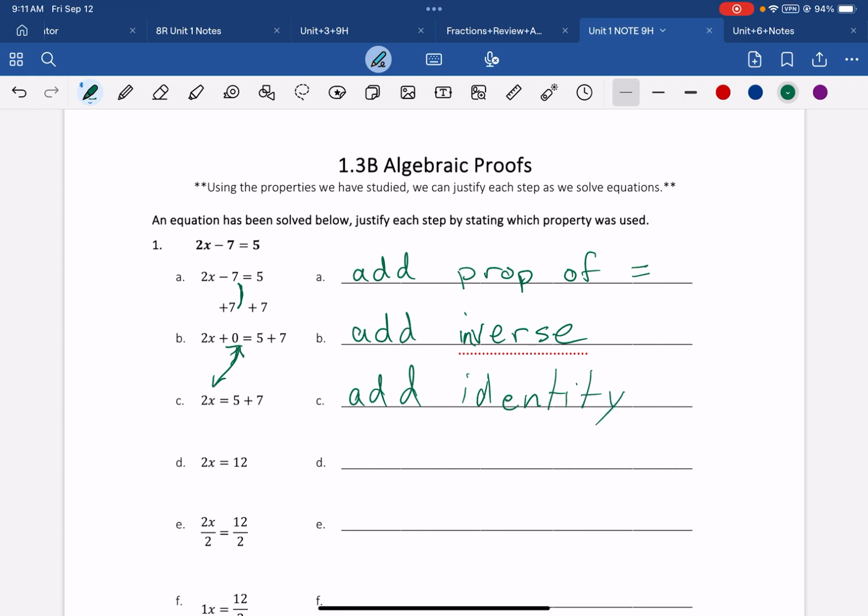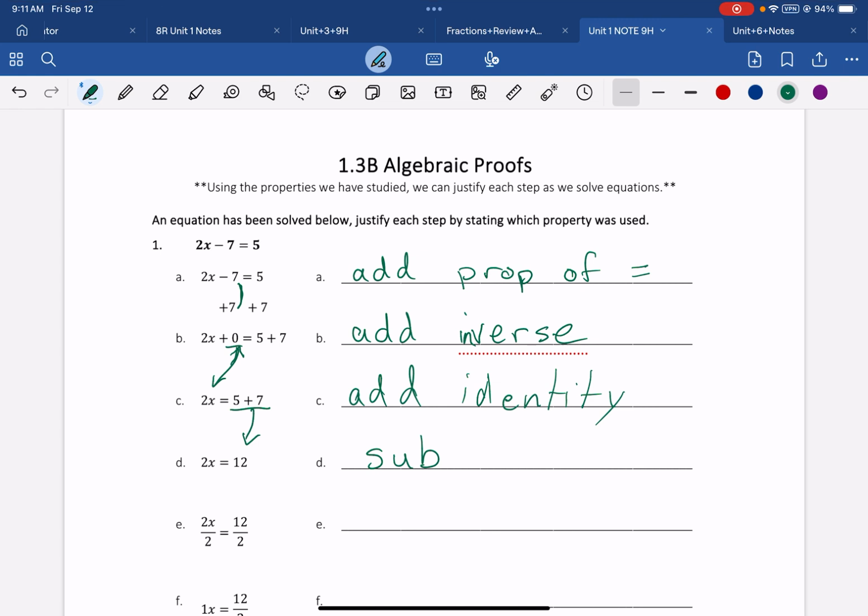All right, and then when you do 5 plus 7, that is substitution property. I have noticed that some people call it just addition. So sometimes this property has more than one name to it.